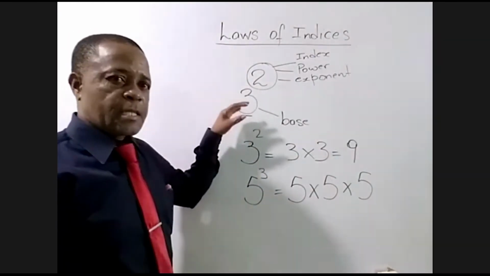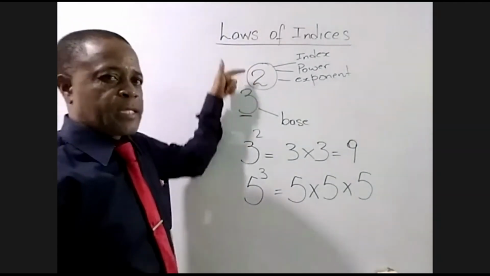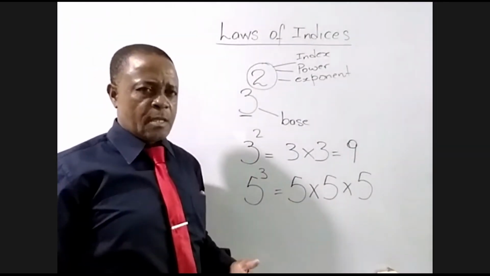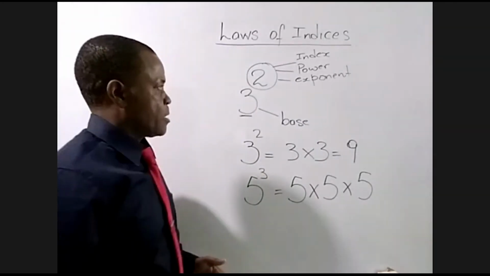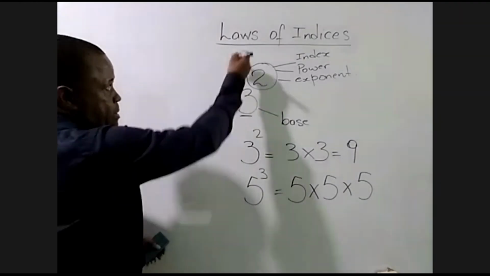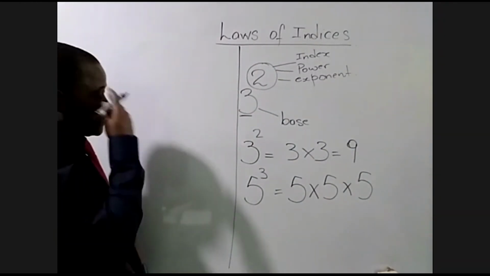Now that we understand, when a number is written in its index form, what the power is actually saying, we can look at some numbers in their index form. All right, let me leave that for a little while, and I'm just going to come to this part here.